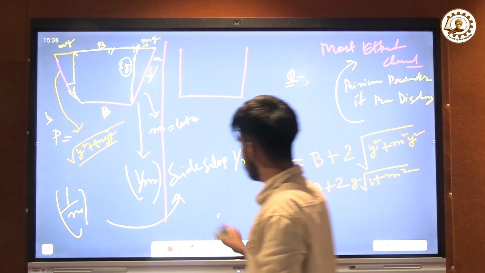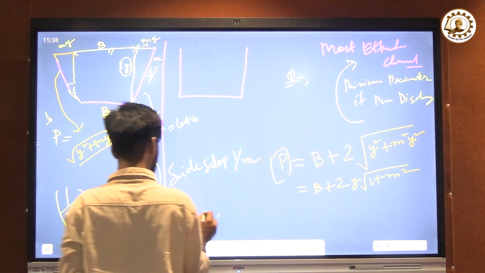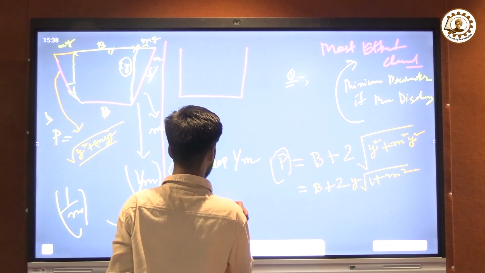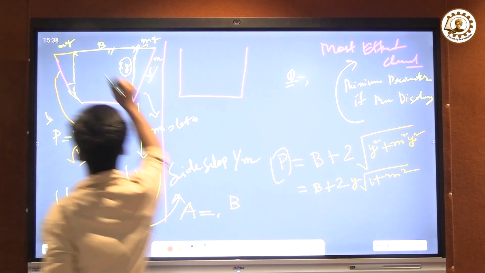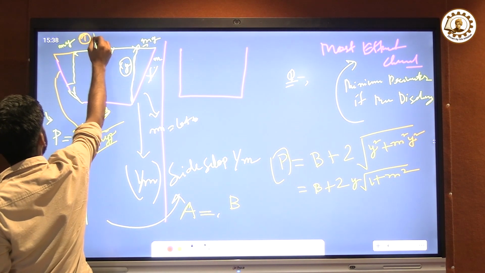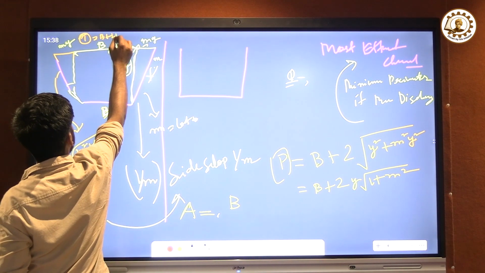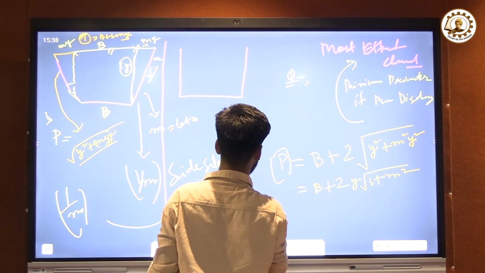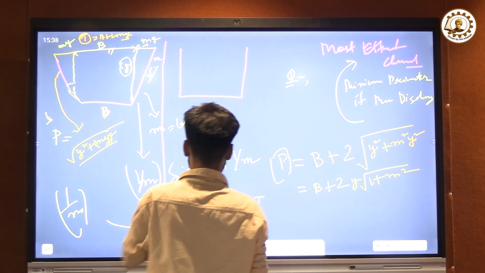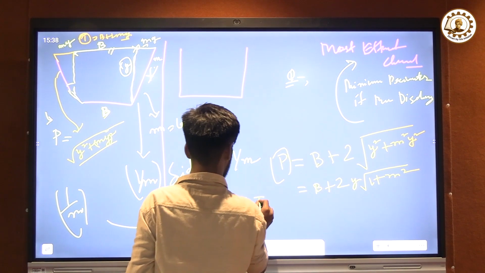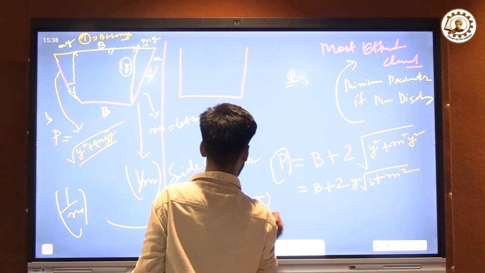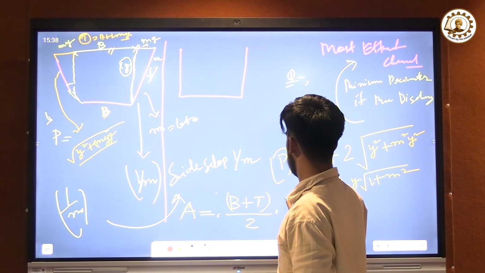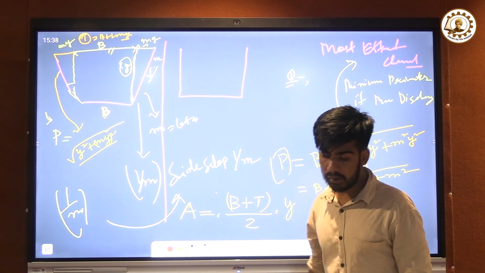Now what will be the area? The area of any trapezoid, if this is T, the top width, is b plus 2my. Now b plus T by 2 into y will be our area.